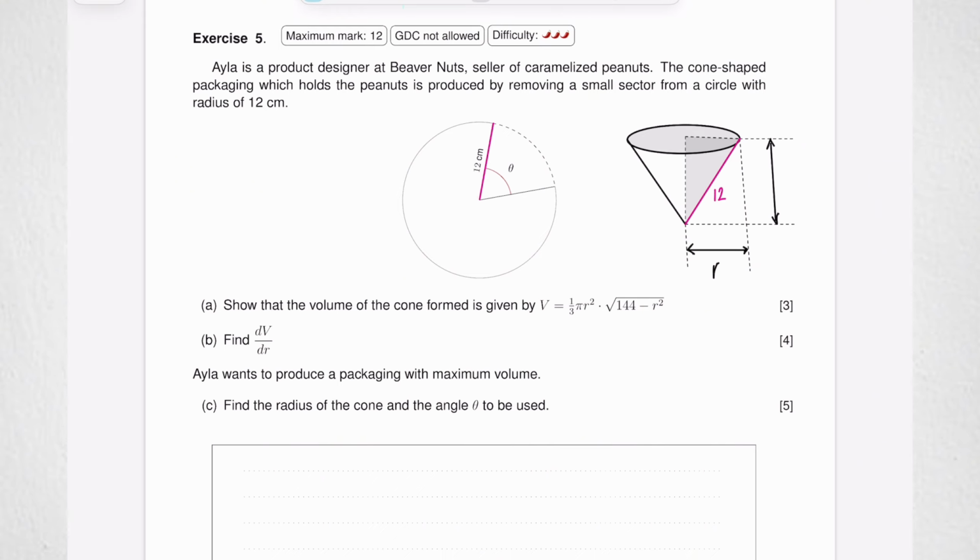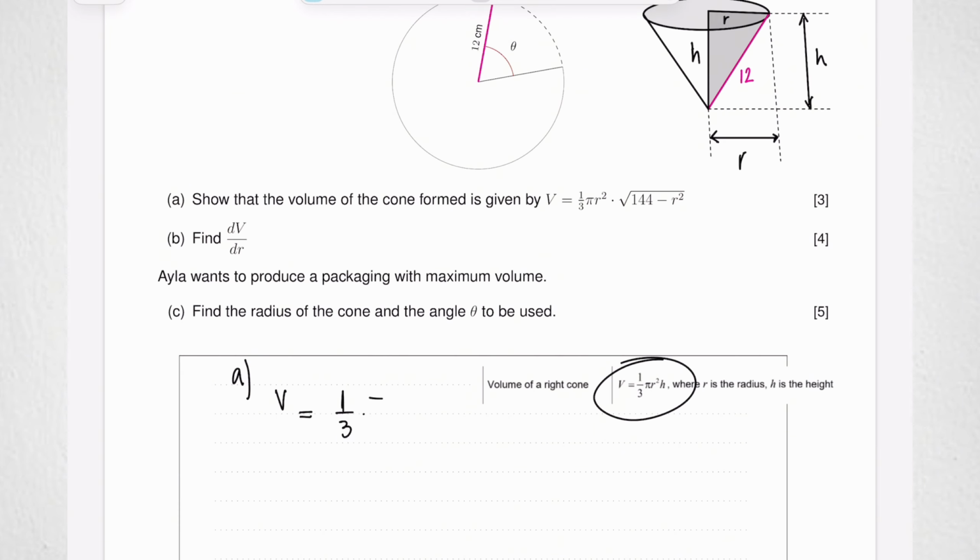So there's the 12. This is h, which by the way can be found right here as well. And this is r. Therefore, given that the volume is 1/3 pi r squared times h, and given that what we need to show does not include any h in it, we gotta find h as a function of r first.